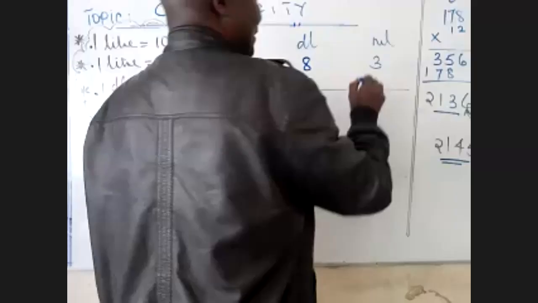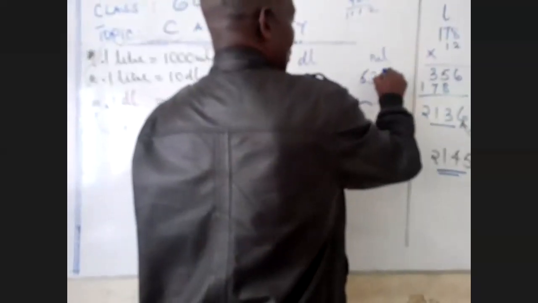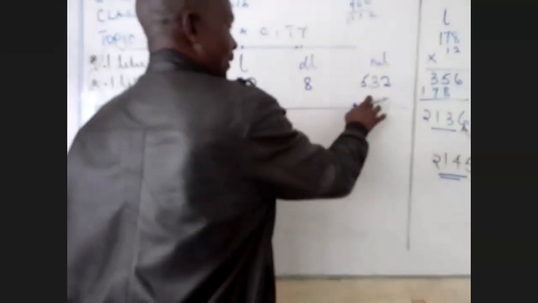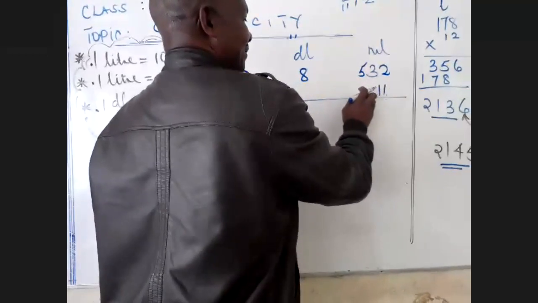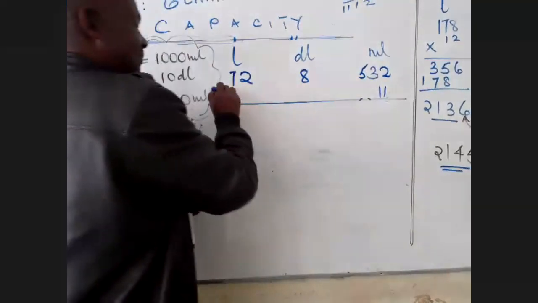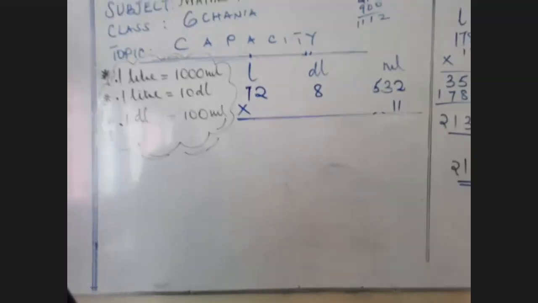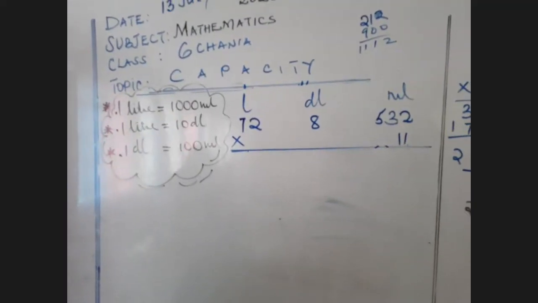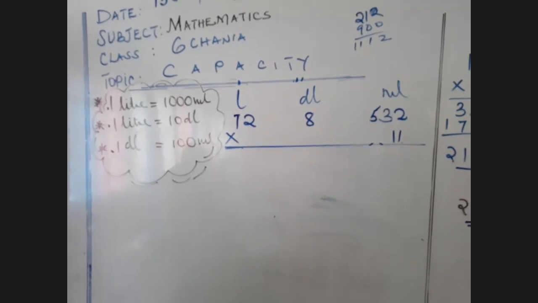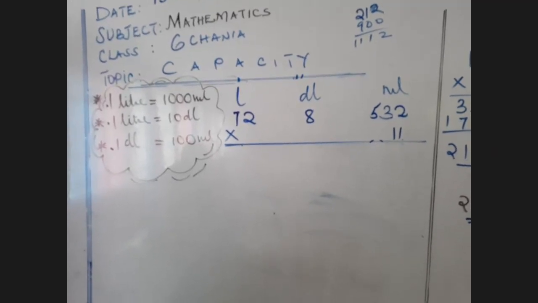Milliliters I will put 532. What are we multiplying it by? A simple 11. Go quickly.